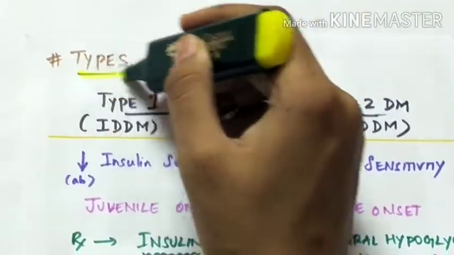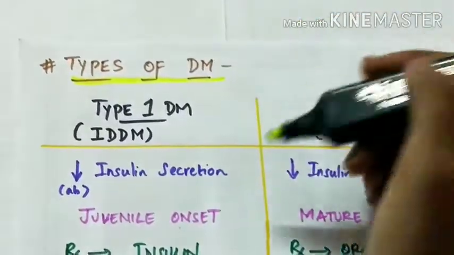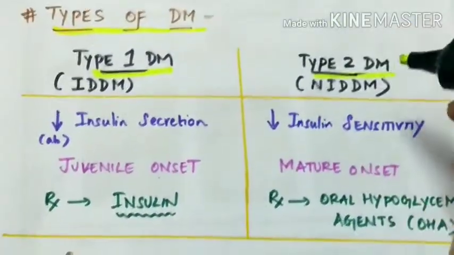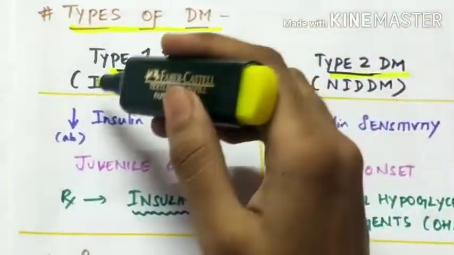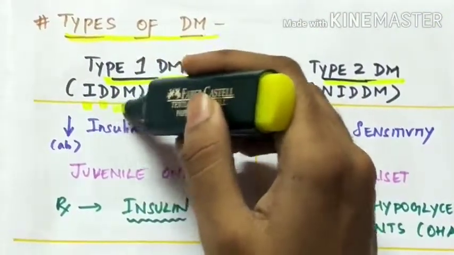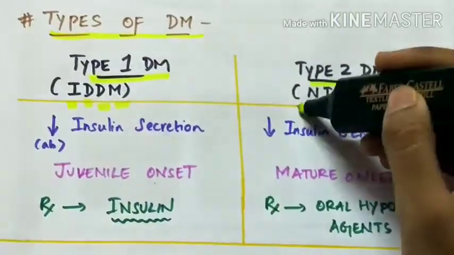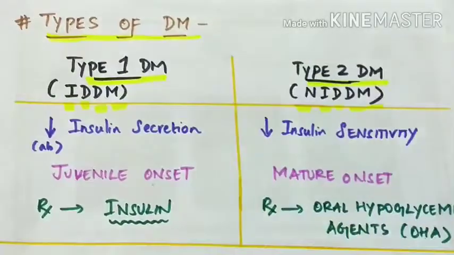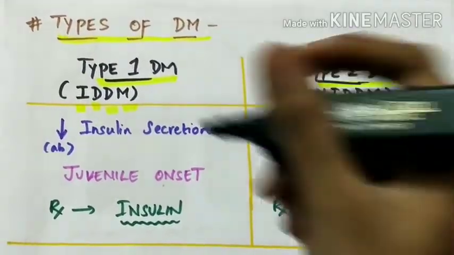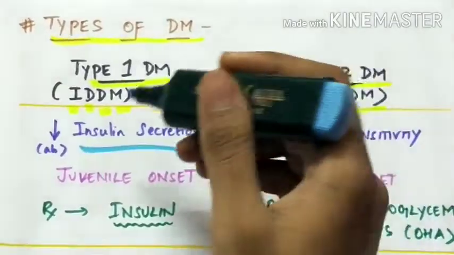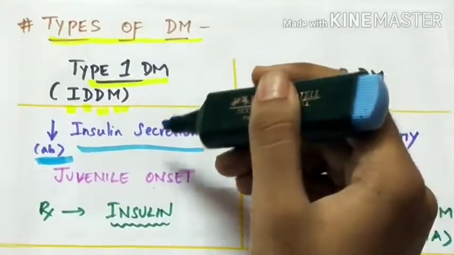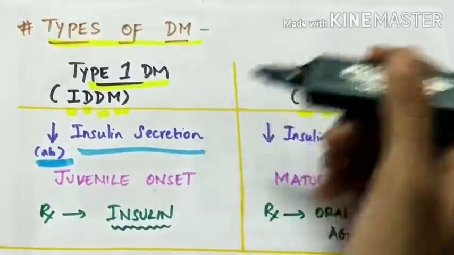Let's now see the types of diabetes mellitus. It is of two types, type 1 diabetes mellitus and type 2 diabetes mellitus. Type 1 is insulin dependent diabetes mellitus. Type 2 is non-insulin dependent diabetes mellitus. So in type 1, there is decreased insulin secretion, or the insulin secretion is completely absent because of the destruction of the pancreas.